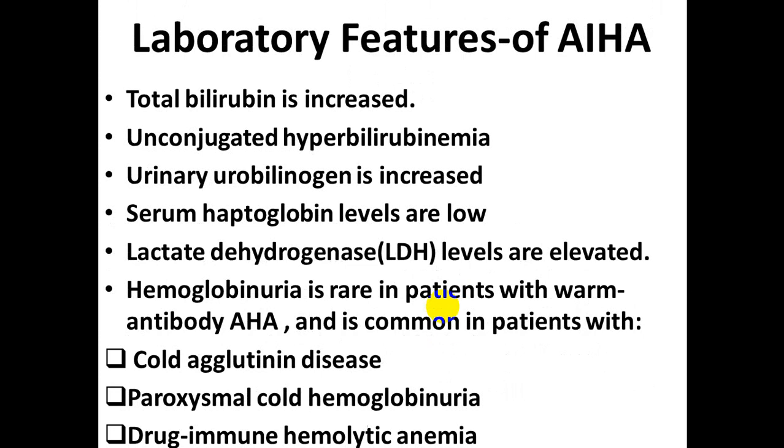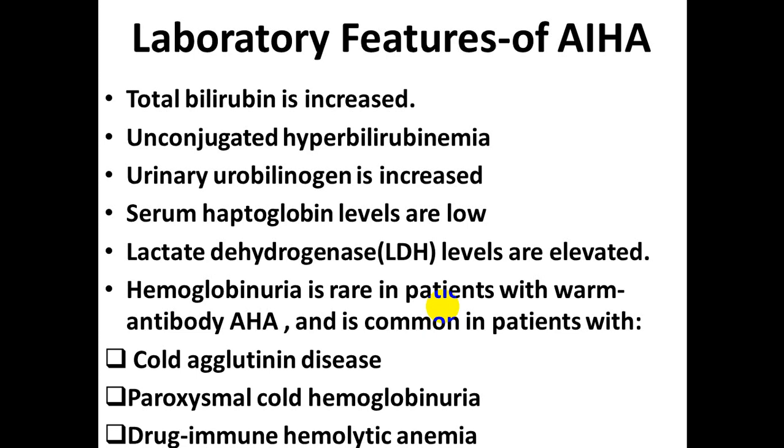Total bilirubin is increased. Indirect bilirubin, or unconjugated bilirubin, is increased. Urinary urobilinogen is increased. Serum haptoglobin levels are low, especially in intravascular hemolysis in cold reacting autoimmune hemolytic anemias.